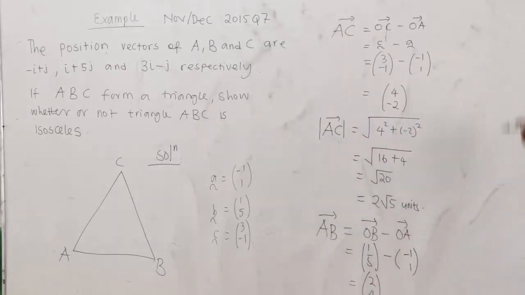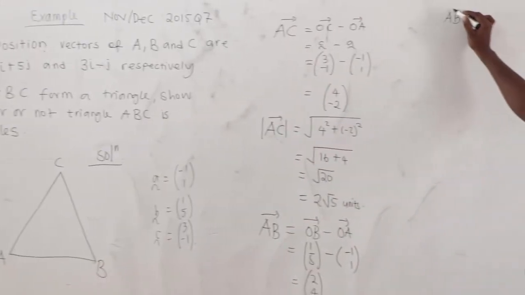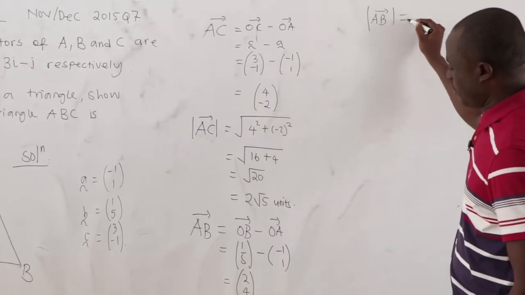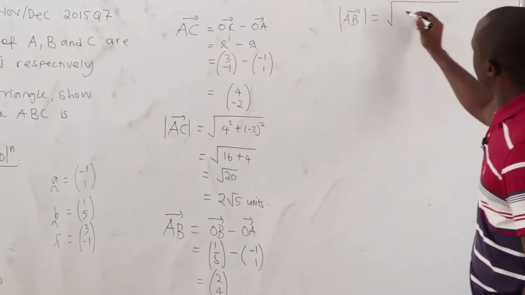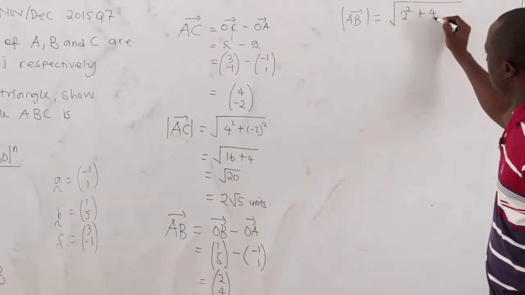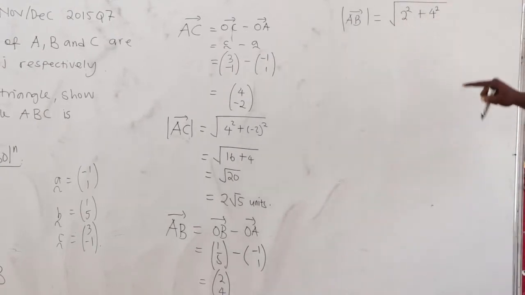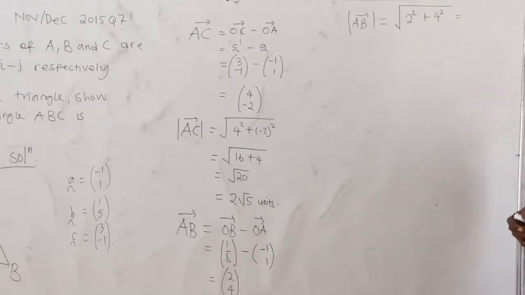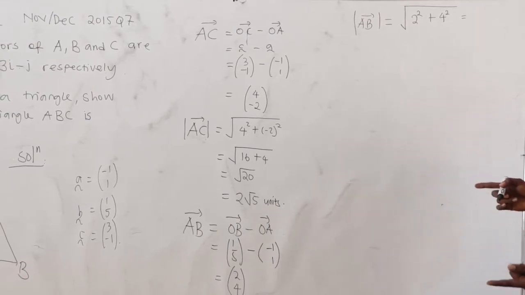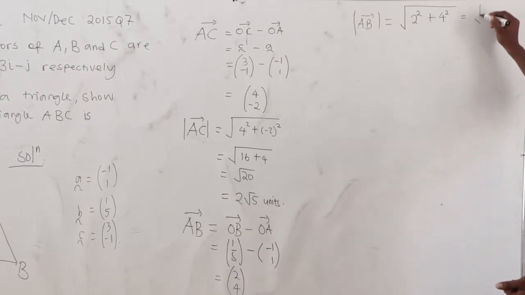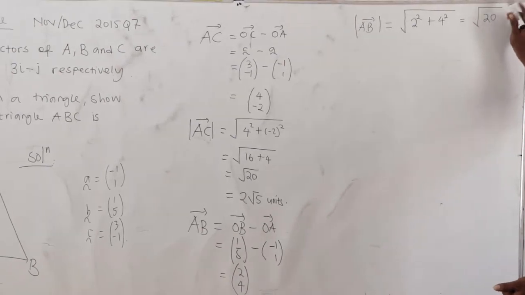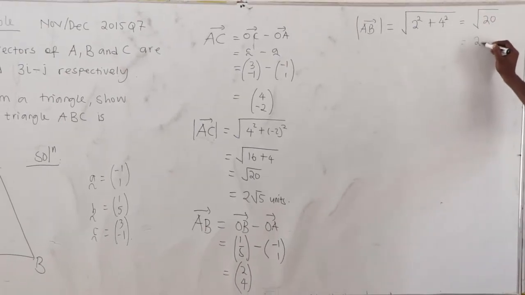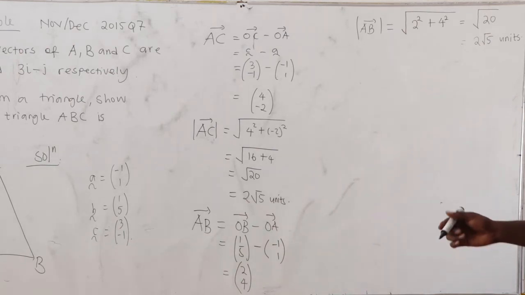So from here, if you want the magnitude of AB, that is square root of 2 squared plus 4 squared. Now 2 squared is 4 plus 4 squared, that is 16, so that will be 4 plus 16, 20. So you have root of 20. And this is the same as 2 root 5 units.